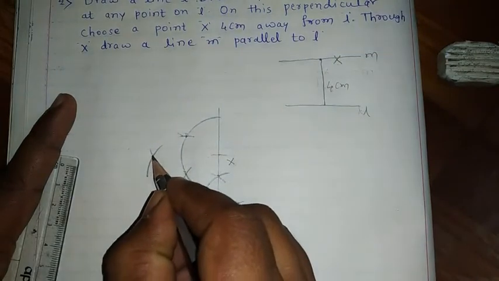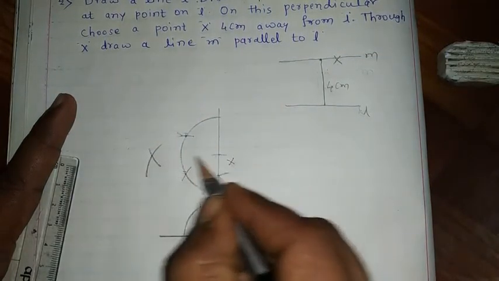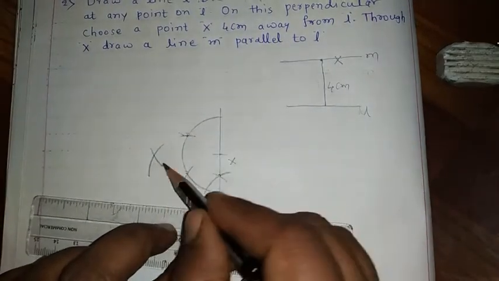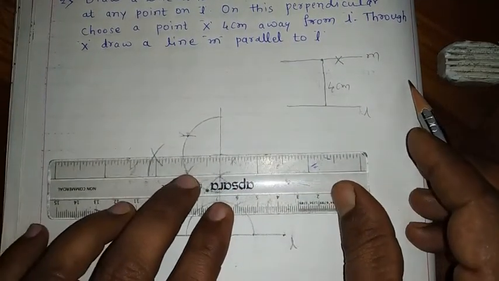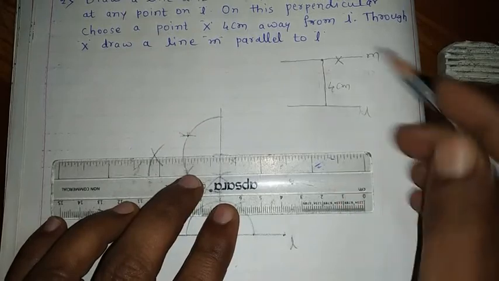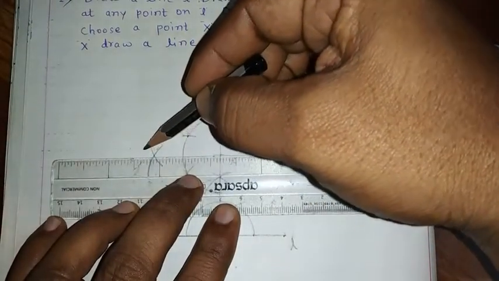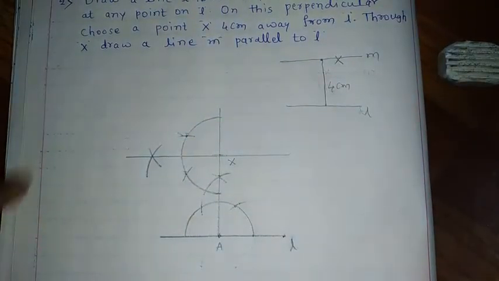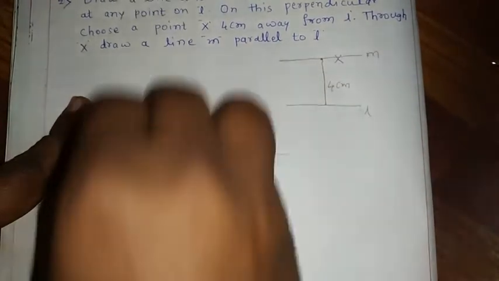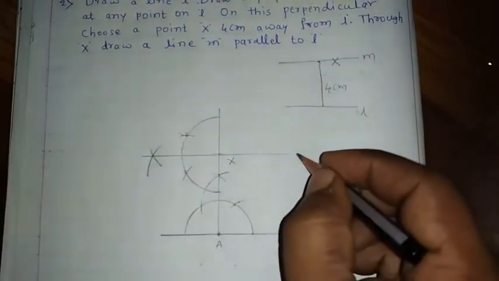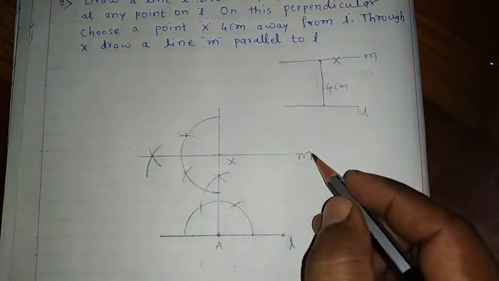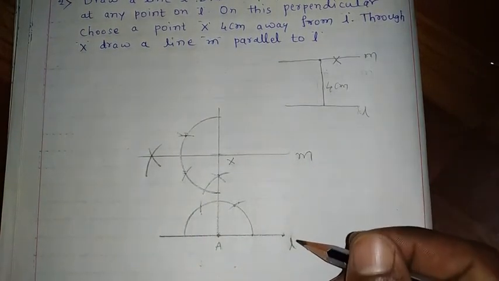Through both these points draw one line, like this, students. Name this as M. Now it is M, and it is parallel to L.